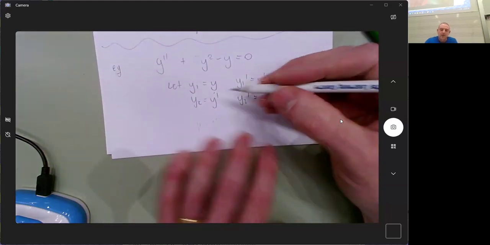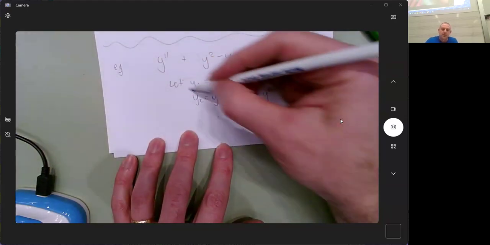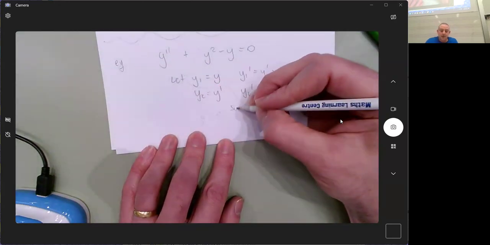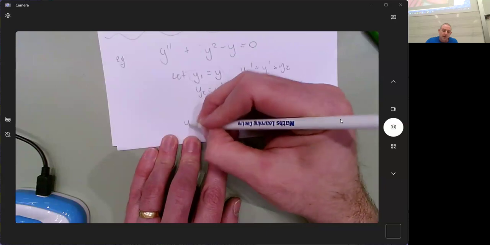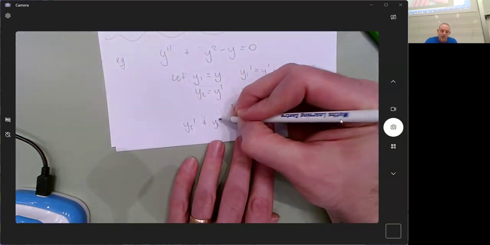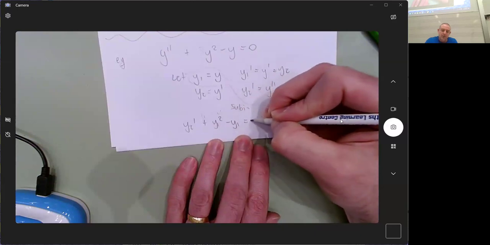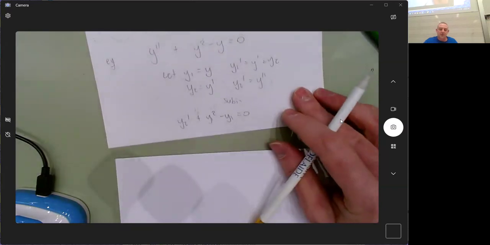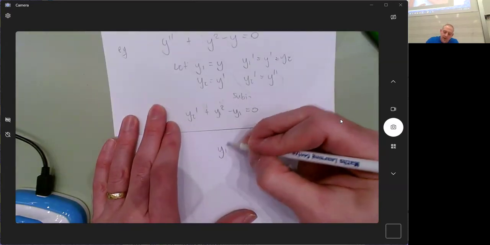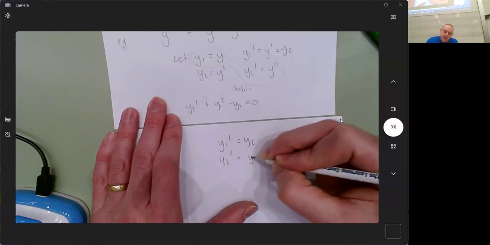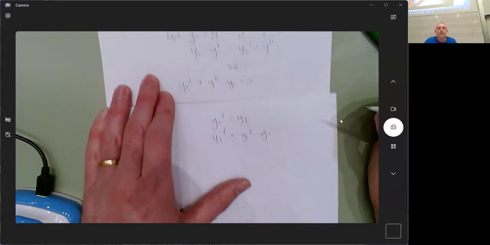I can now sub these two into the original differential equation and get y2 dashed where the y double dash was and y1 where the y was. And now I have, in combination, y1 dashed is y2 and y2 dashed is y1 squared minus y1.